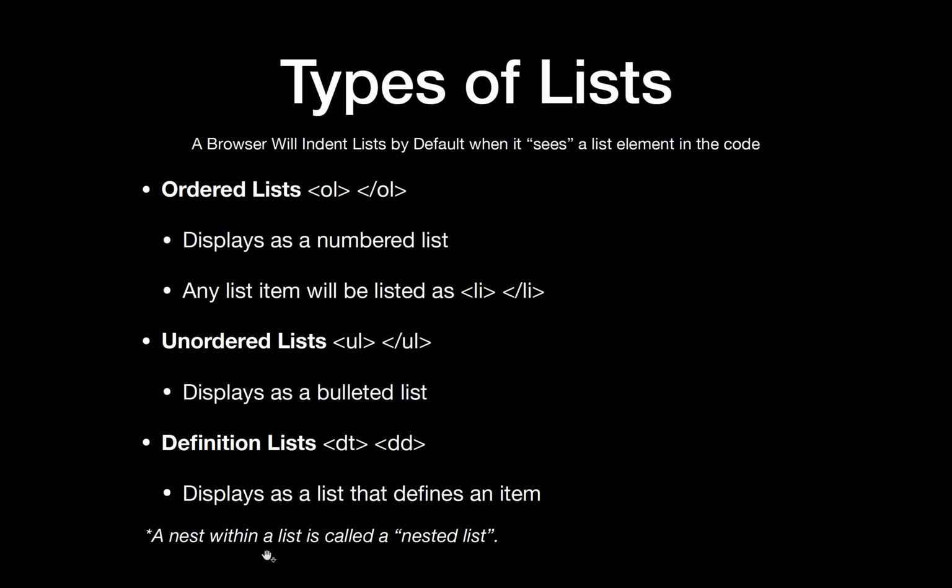A list within a list is called a nested list. Again, that's where it's easy to leave out opening and closing tags. I'm going to have you work a little bit with Codecademy too.